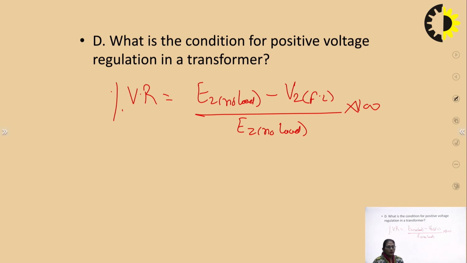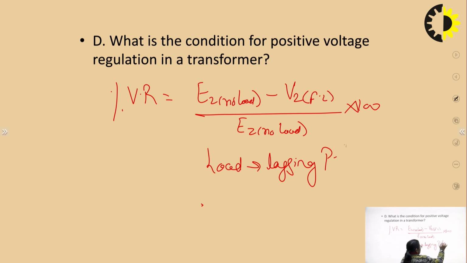Now if we are saying that it is giving me a positive voltage regulation, it means that E2 at no load is greater than the terminal voltage V2, which is generally the case. That is the case if the load has a lagging power factor or is an inductive load.